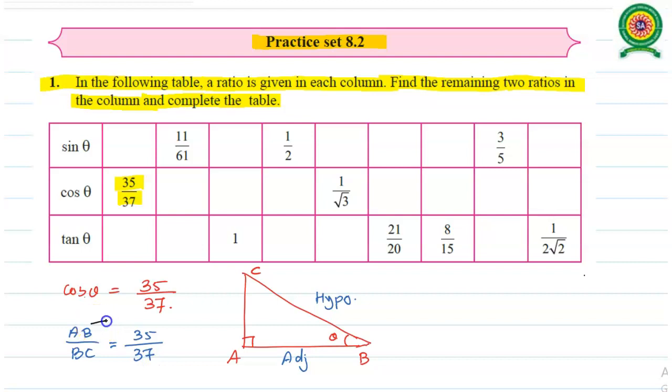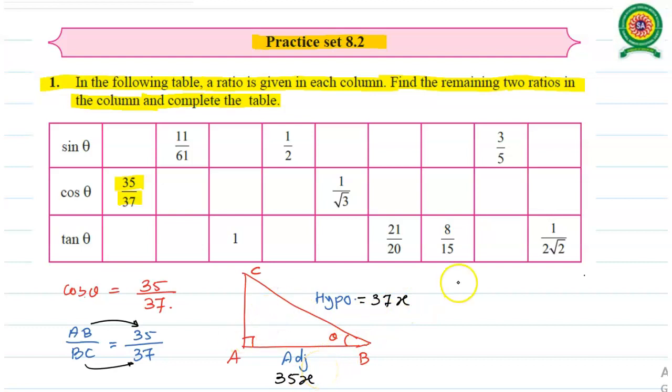That implies AB is some scalar multiple of 35, so we assume AB = 35x, where x is any scalar, while BC is the same scalar multiple of 37, so the hypotenuse is 37x.